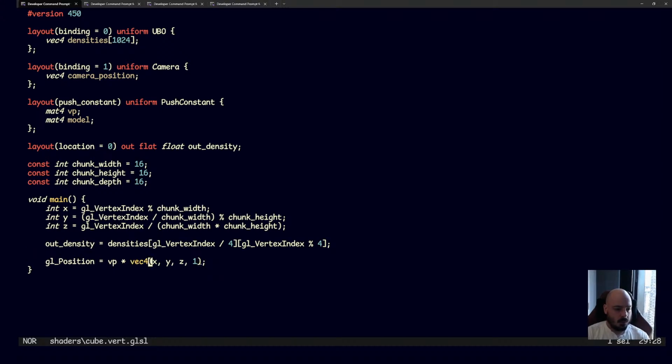I don't know. How is that gonna work? Because we're not gonna just draw each vertex. I mean, we're not going to use one vertex per cube. We're going to have to use more.